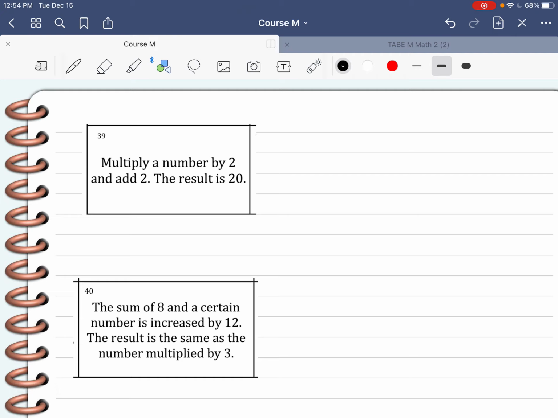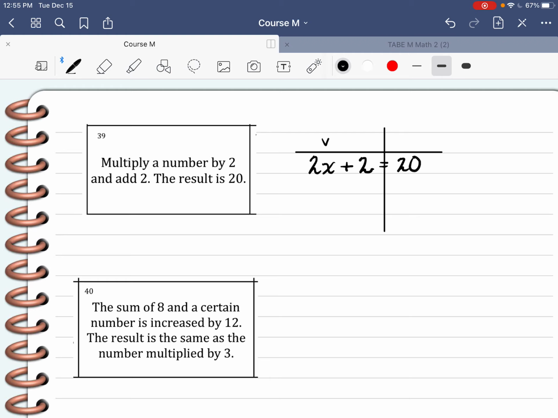Number 39. We're almost there, guys. Hang in there. Multiply a number by 2 and then add 2. The result is 20. Multiply a number by 2 and add 2. The result is 20.